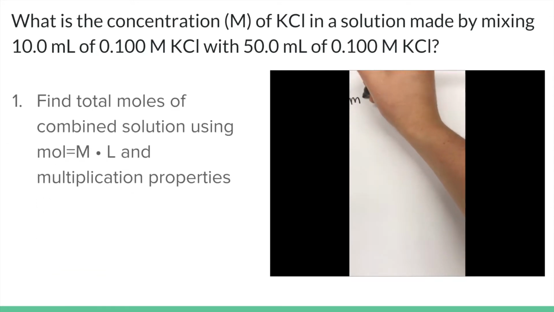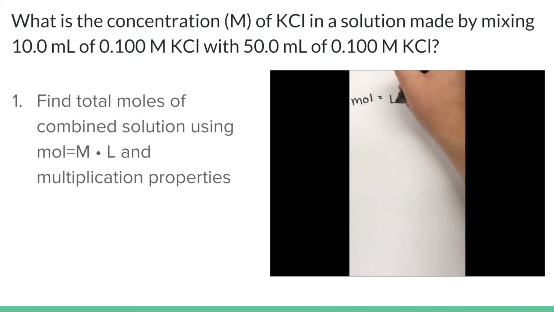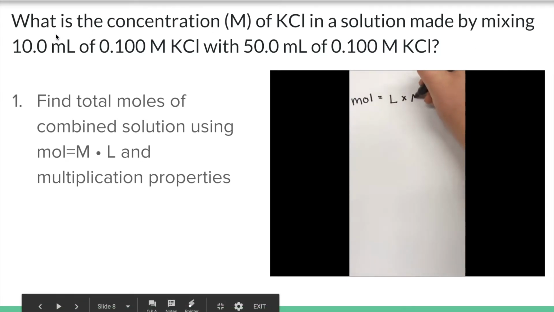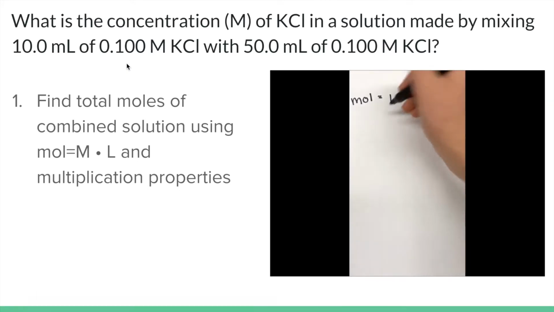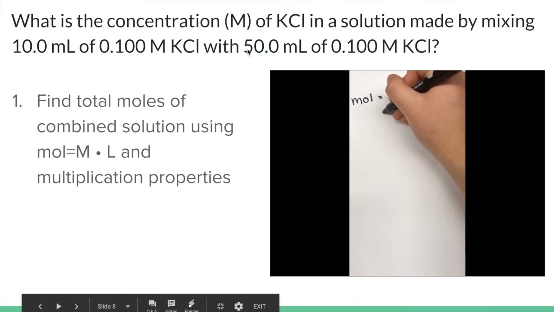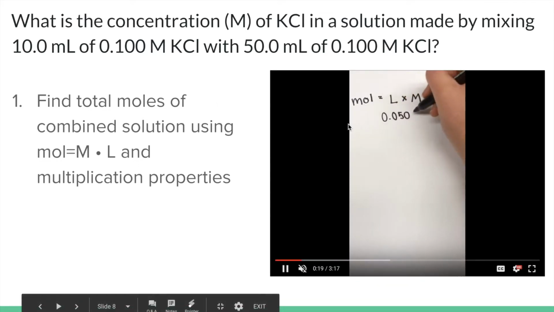And the first thing that we want to do is use our moles is equal to molarity times volume equation, because our knowns are volume and molarity. And we're going to switch over the volumes to liters because that's what the equation asks for.